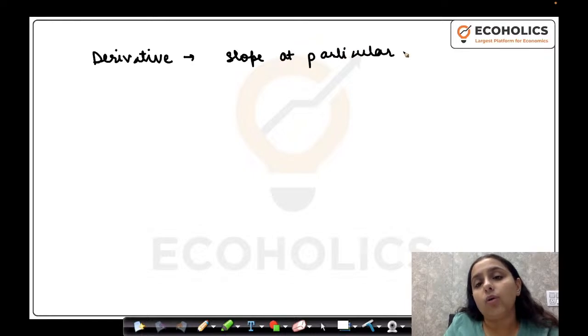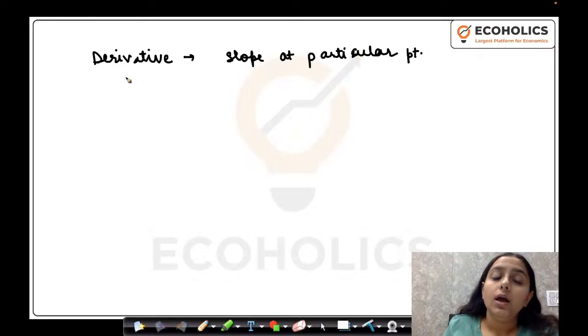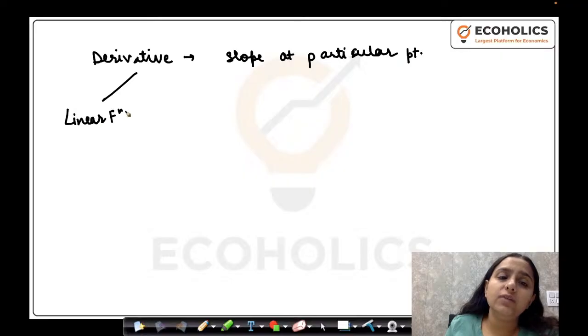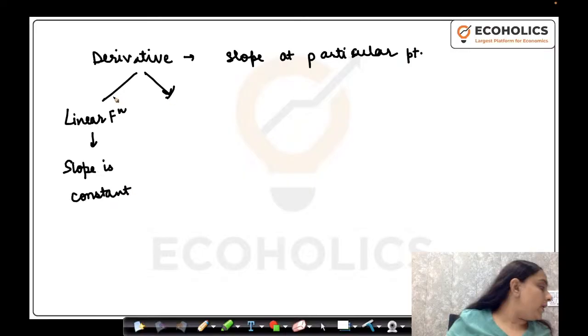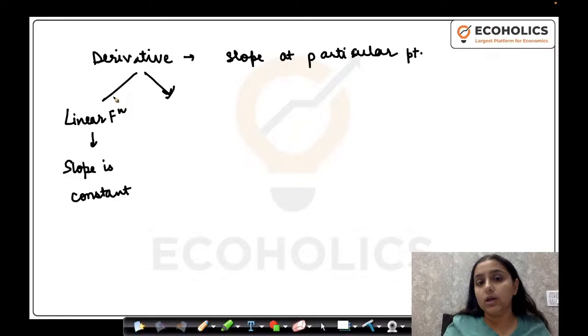Now, when I talk about a particular point, this is C. For a linear function, slope is constant, which means no matter at which point I am checking, the slope will remain the same.